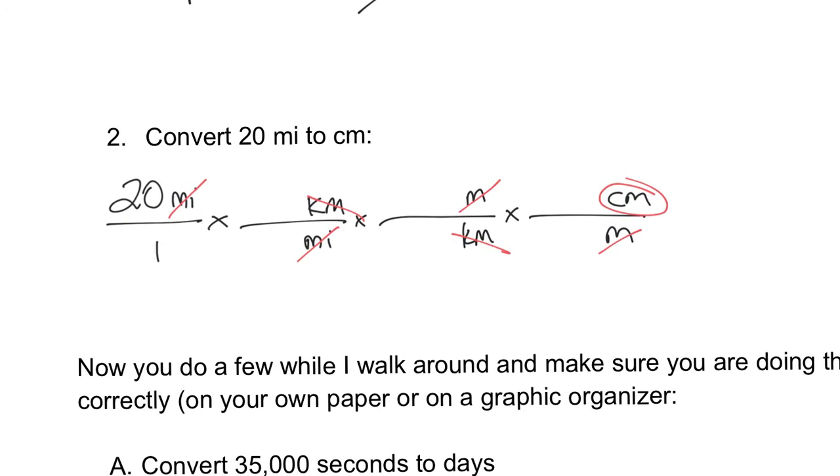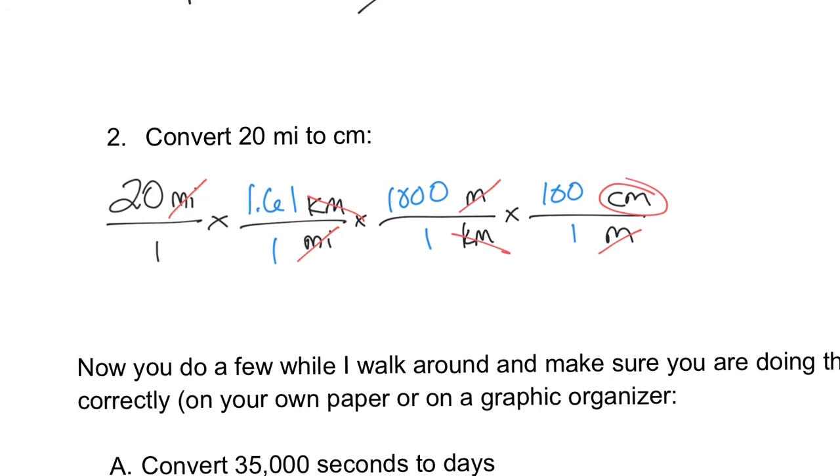All right, let's see what we can do. 1.61 kilometers to 1 mile. Then what else we got? Yep, Max? 1,000 meters to a kilometer, and 100 centimeters to a meter.